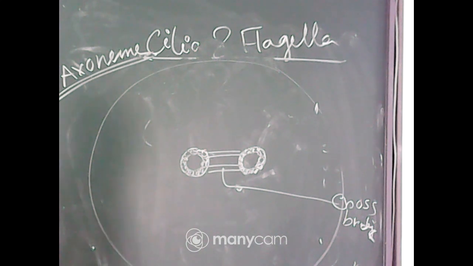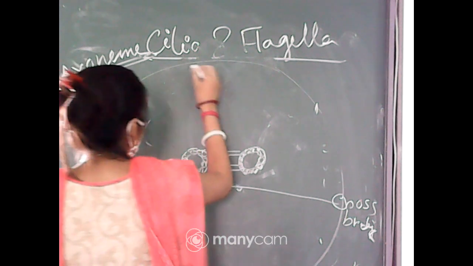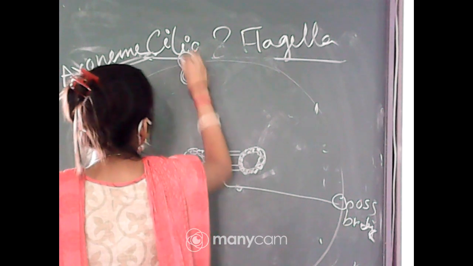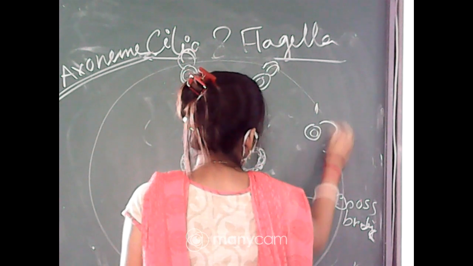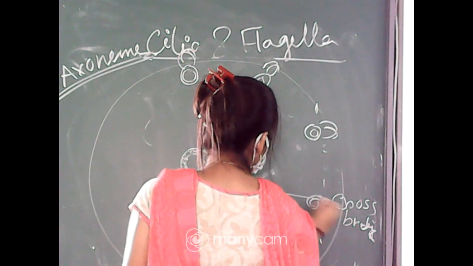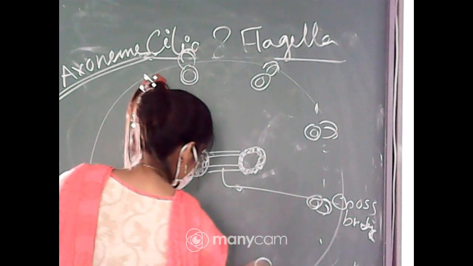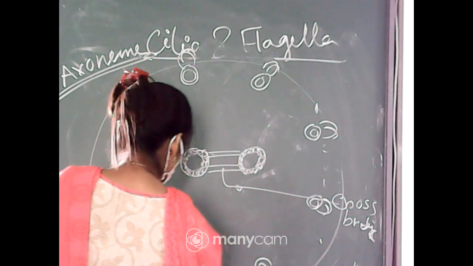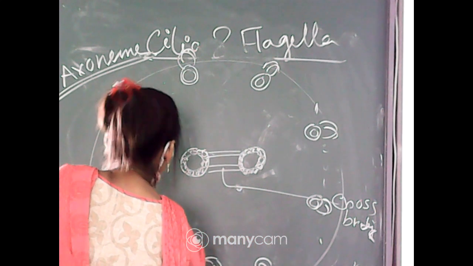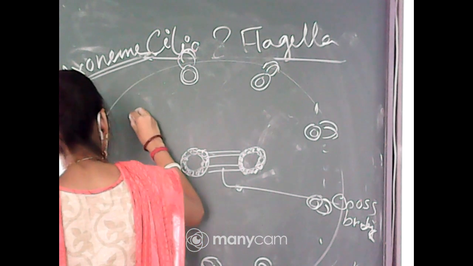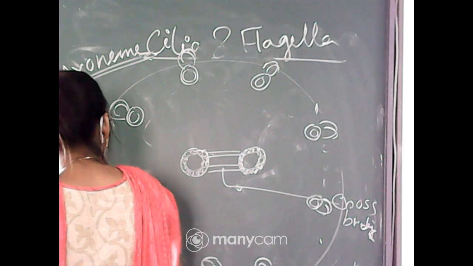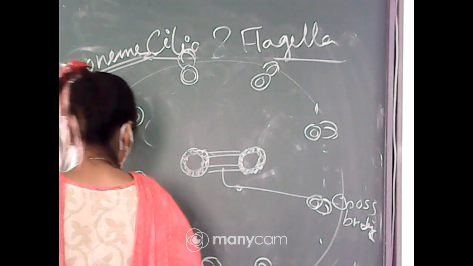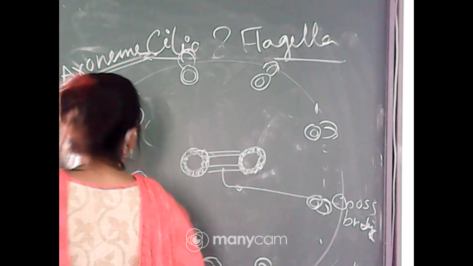Now I have to draw the 9 peripheral microtubules. Okay. I am drawing a rough diagram.